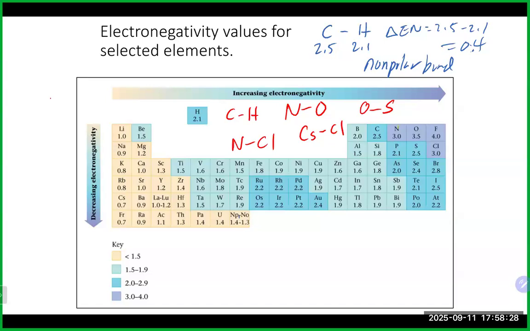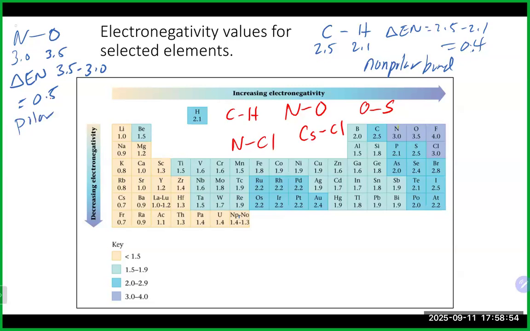We take a look at the nitrogen-oxygen bond. Nitrogen there is 3, and oxygen is 3.5. So we can give a difference in electronegativity of 3.5 minus 3. That is 0.5. That is above 0.4, but below 2, which means this is going to be a polar bond.